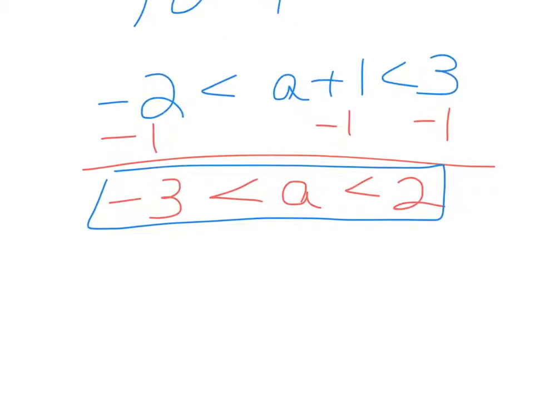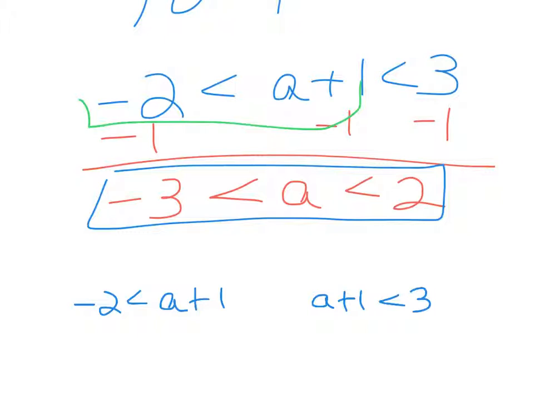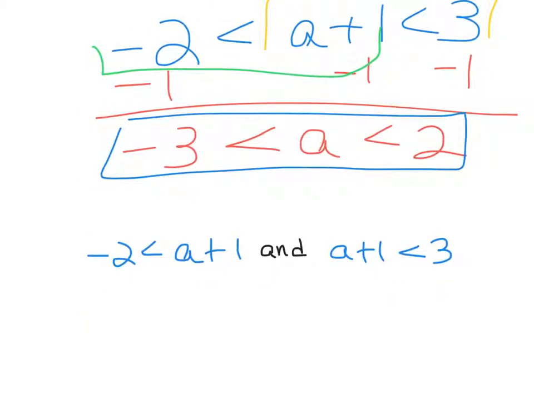Now, if you chose to pull this apart, you could do -2 less than a plus 1, and then you could also do a plus 1 is less than 3. So you could pull it apart, do this one, and then do this one. Remember, if you're going to pull it apart, this is a compound conjunction, so it's joined with the word and, then you would solve them both separately.